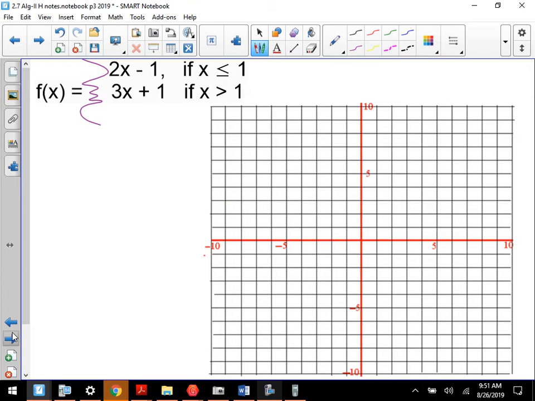That way I know that something funky happens as I get to x equaling 1. So I've got two equations. Yes, sir? Will we have an example where the x is greater than one number and less than a different number? Yeah, I have an example of that here in a little bit.